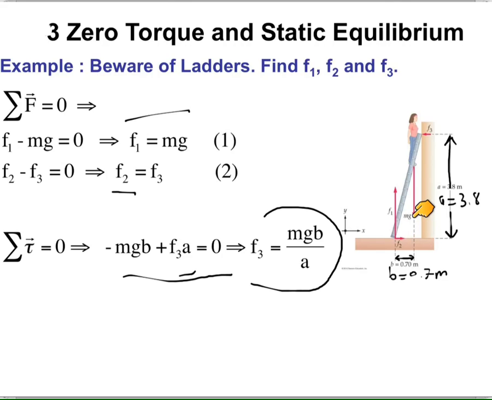If you think mg times sine of this angle, in fact this is nothing but this component of mg. Even if you know this component of mg, you don't know this distance anyway. So just from observation of the given values, in this case b is given, so you can choose a proper distance to the point of application with the mg.